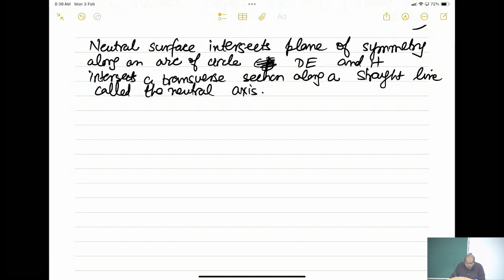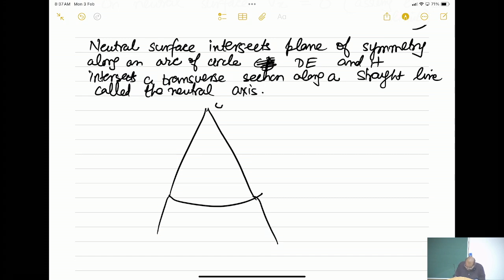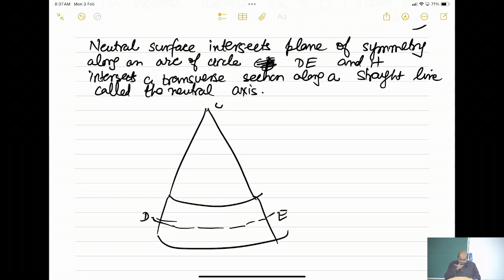And the figure to go with this is that this is the center of curvature C, and we have this bent rod. And this DE is the neutral surface, arc DE.